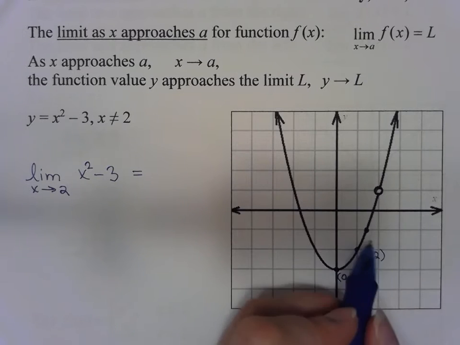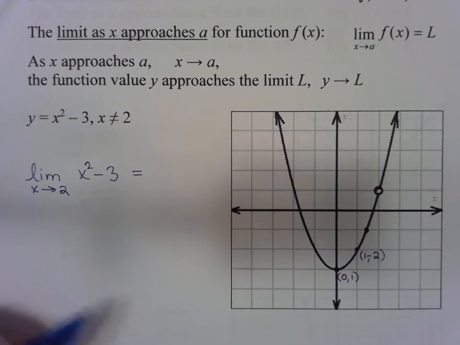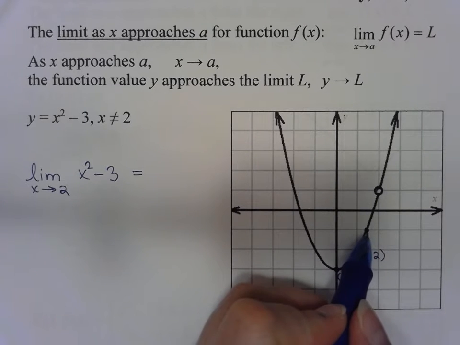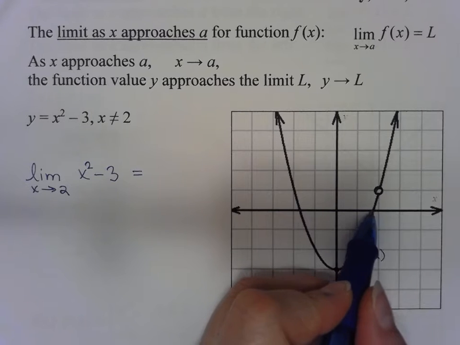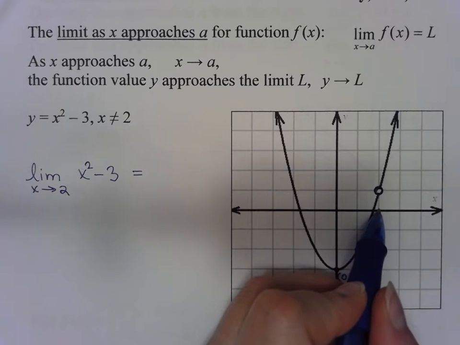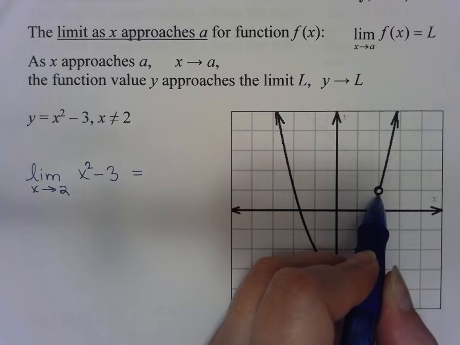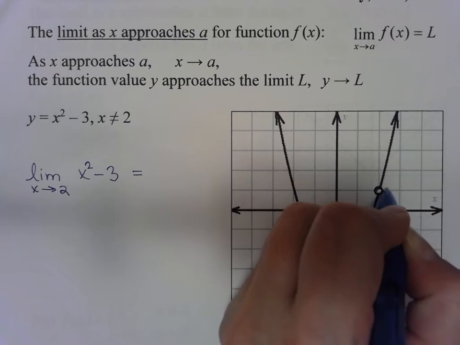I'm kind of guesstimating. We could plug it in, but I won't do that on the spot because I might mess it up. But as the x value gets closer and closer to the value of 2, right here, the y value is getting closer and closer to the value that we see in this point, the point 2, 1.